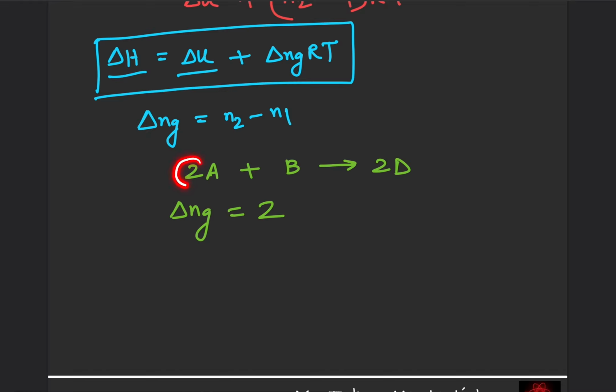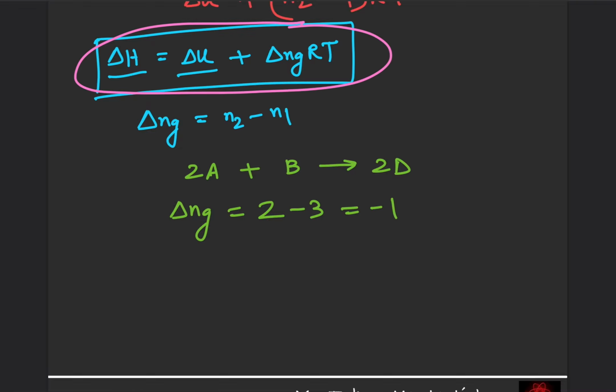And in the reactants we have 2 moles of A and 1 mole of B, both are in the gaseous state, so total 3 moles of gaseous reactants. So delta Ng is N2 minus N1, N1 is 2 plus 1, 3. So delta Ng will be 2 minus 3, which is minus 1.